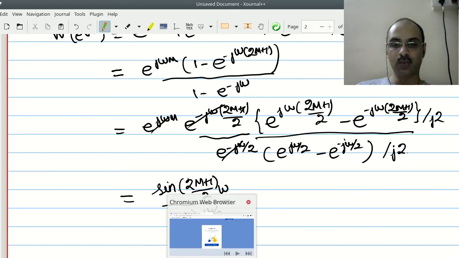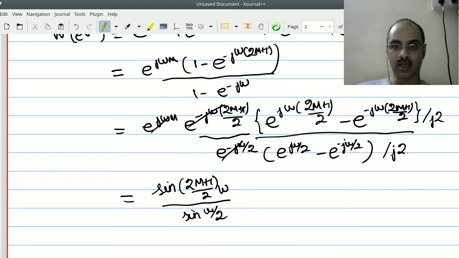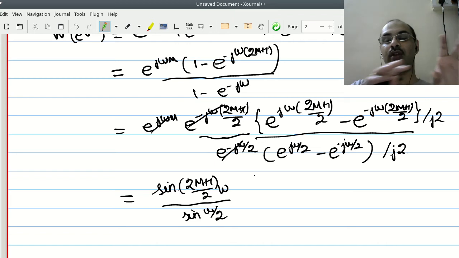This is the DTFT of w of e power j omega. So this DTFT of w of e power j omega is what convolves with the ideal frequency response circularly.